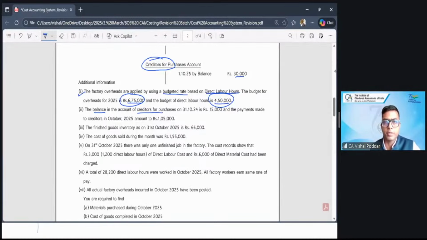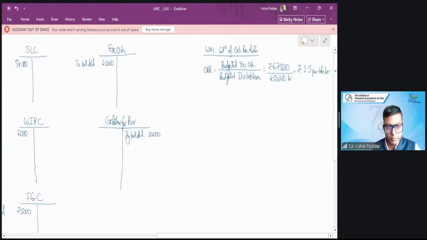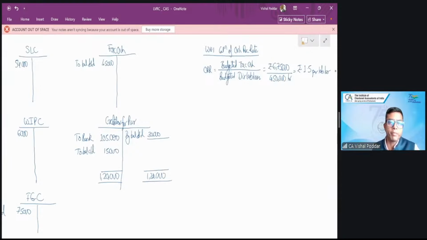The balance in the creditors on 31st October, that is the last date, is 15. Payment made to creditors is 105, to bank. Now, since we are following integrated, we'll write bank and to balance carried down. In a creditors account, you'll have opening balance, payments, closing.